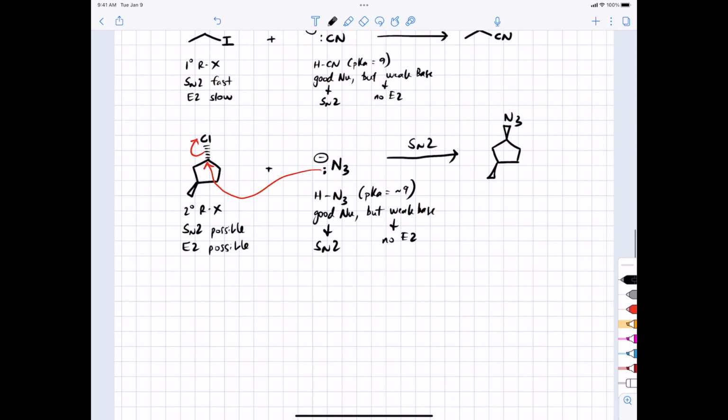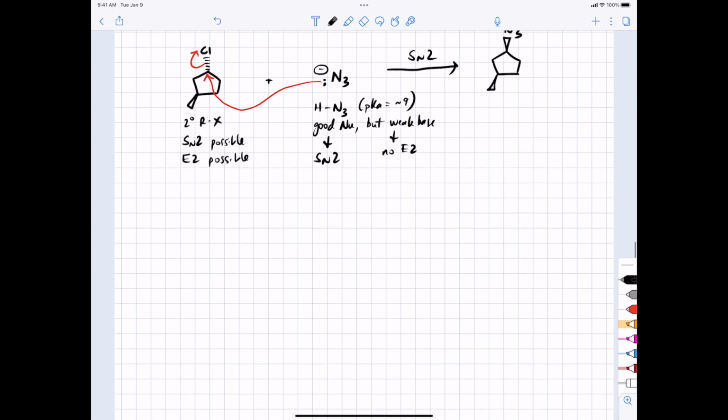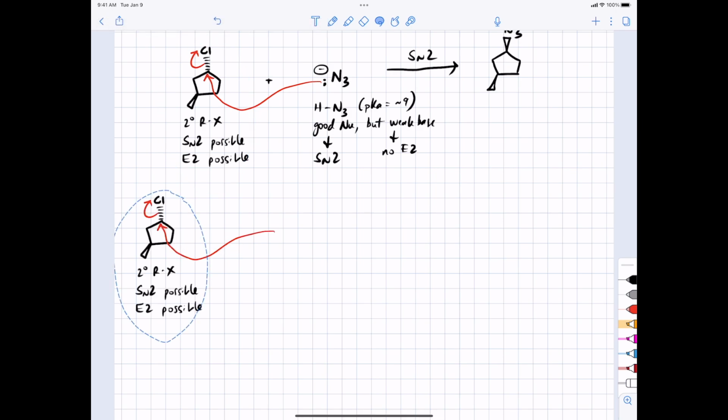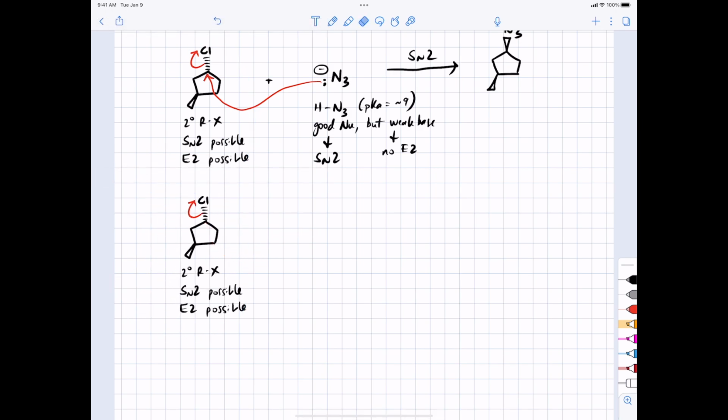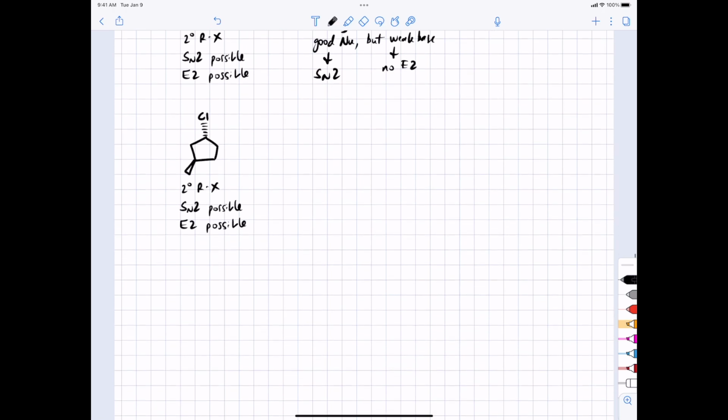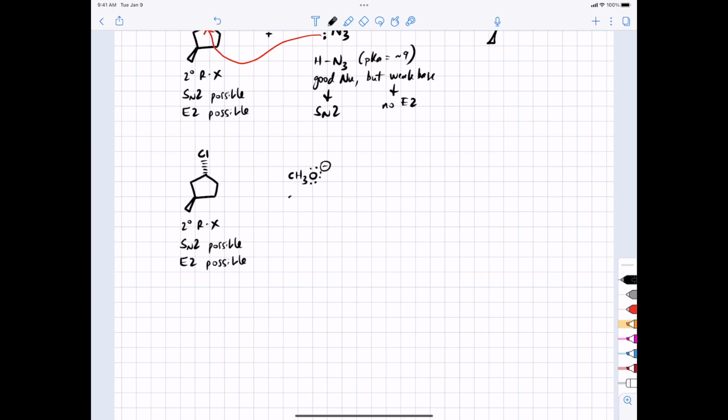All right. What if we took the same alkyl halide, but then let's use something that could be both a good nucleophile and a good base. So let's use CH3O-, methoxide. Its conjugate acid is methanol, pKa 16.